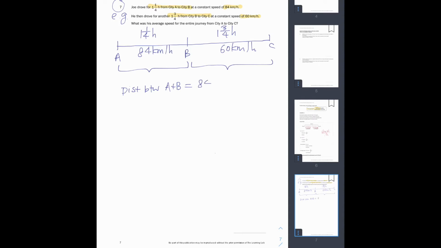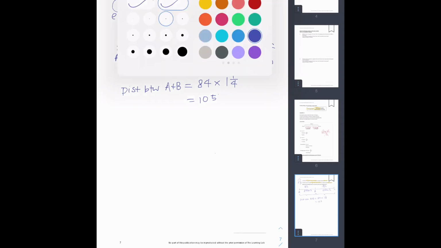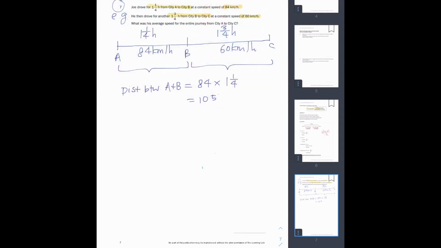You can take 84 times 1 1/4 hour. Since calculators are allowed, key this into your calculator. You would get 105 km, which means that this portion is 105 km.